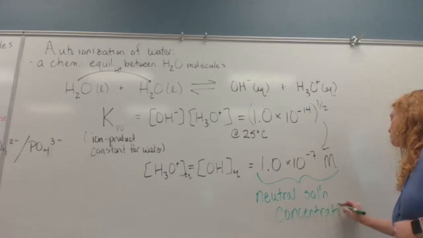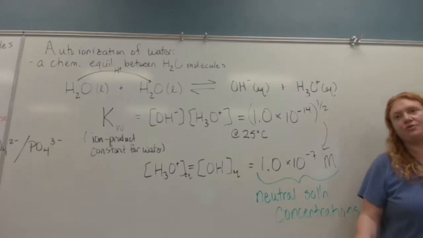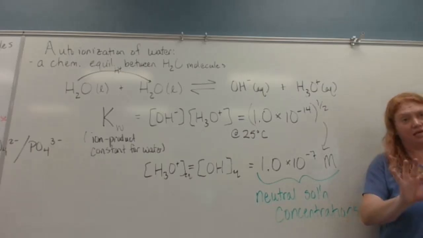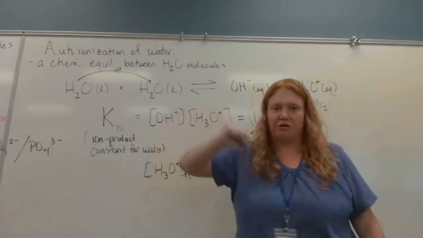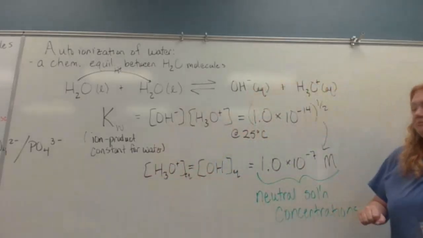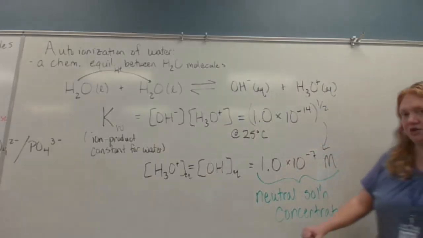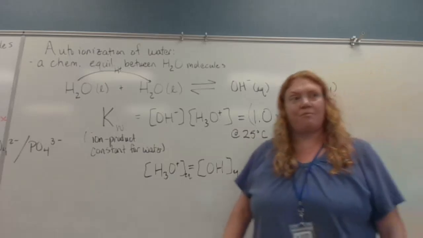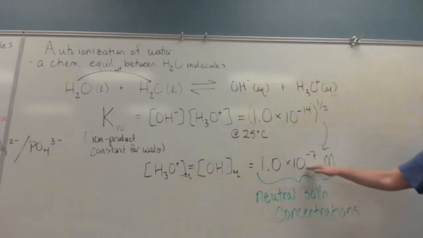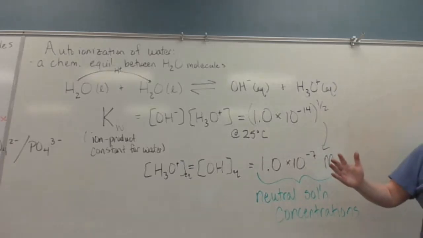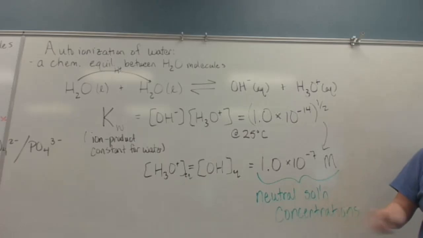If I tell you it's a neutral solution, what does that mean? The concentration of hydronium ion is 1 times 10 to the negative 7th. If I tell you it's neutral, what does that mean the hydroxide ion concentration is? True fact all the time? Yes, true.